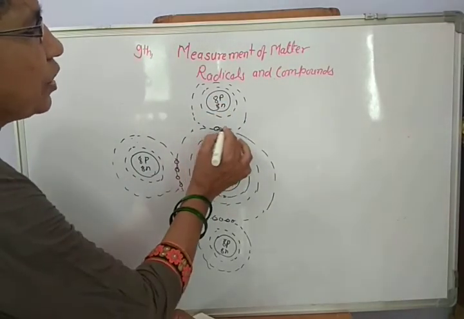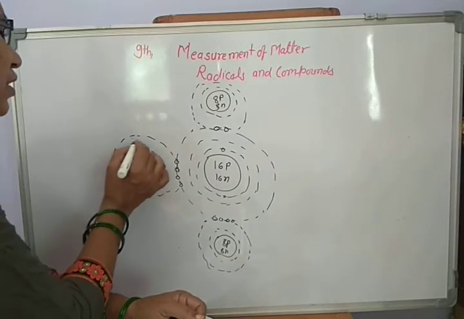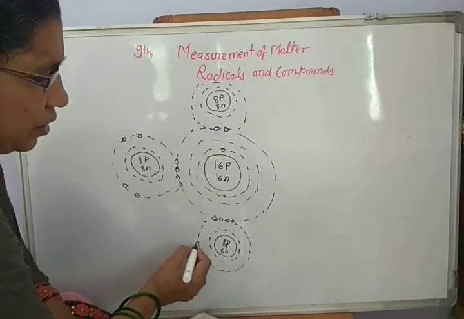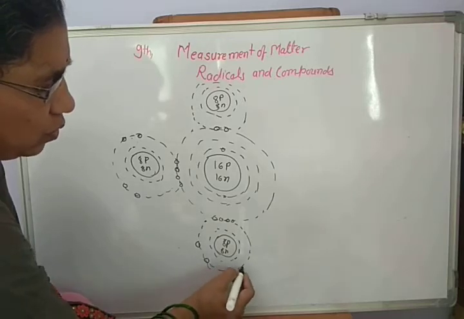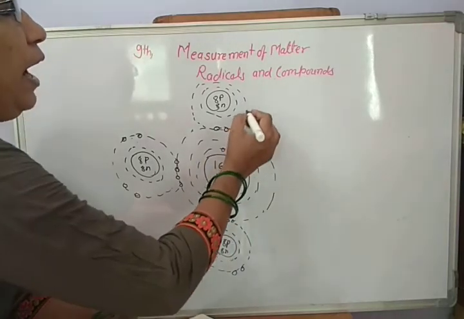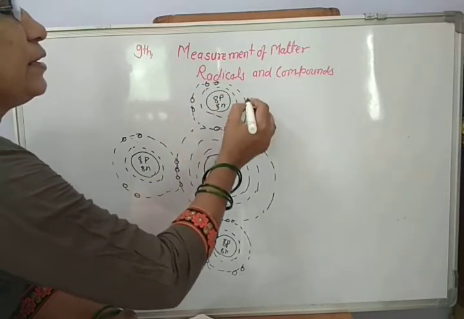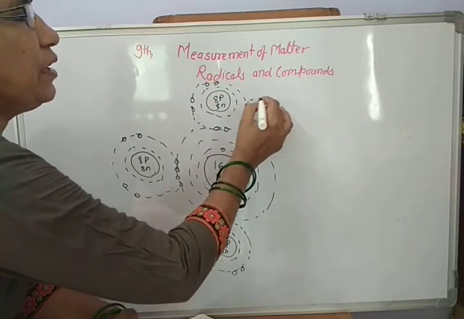Okay, so there is only single bonding with oxygen. Here there are 2 and 2. Here there are 2 and 2. And this one, here there are 2 and 2. And this one is bonded with hydrogen.